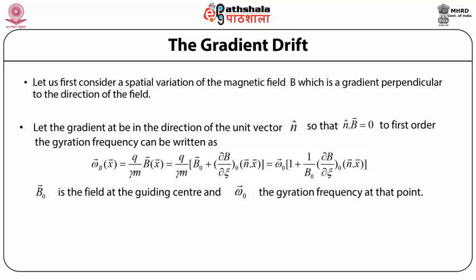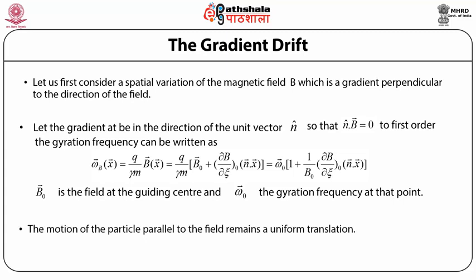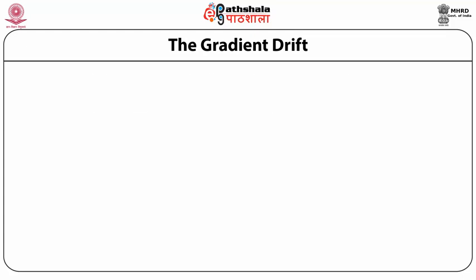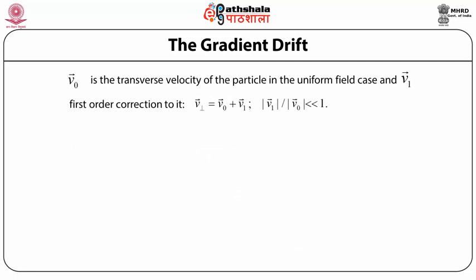Since the direction of the field is unchanged, the motion of the particle parallel to the field remains a uniform translation. Therefore, we consider modifications in the motion perpendicular to the field only. Let V naught be the transverse velocity of the particle in the uniform field case and V1 the correction to it.